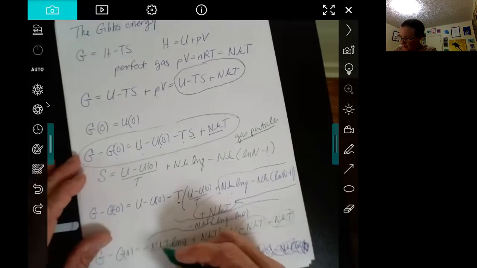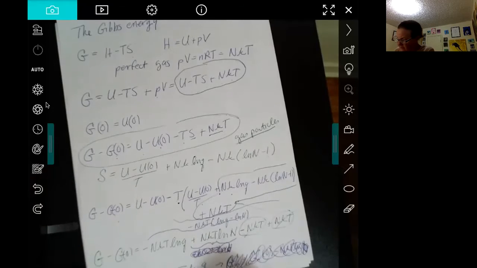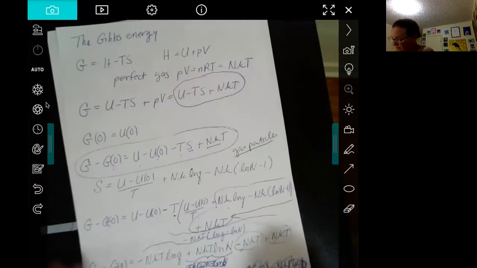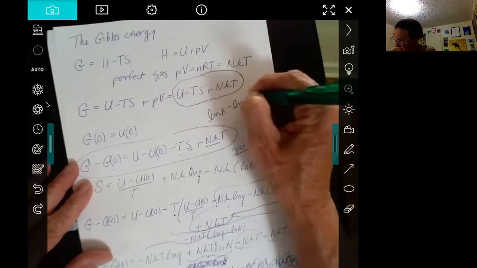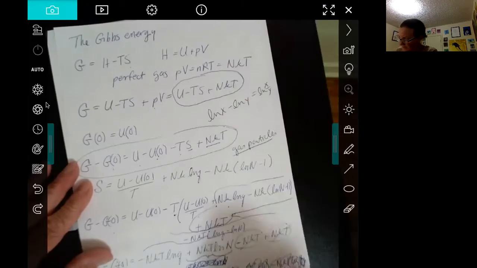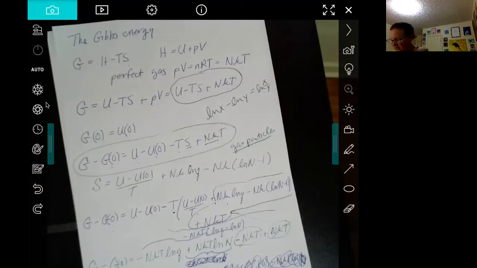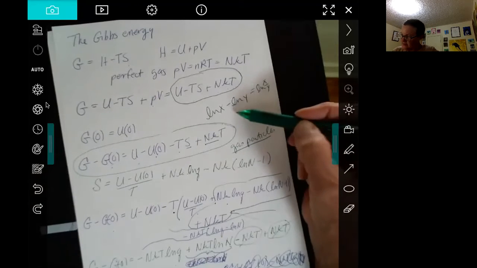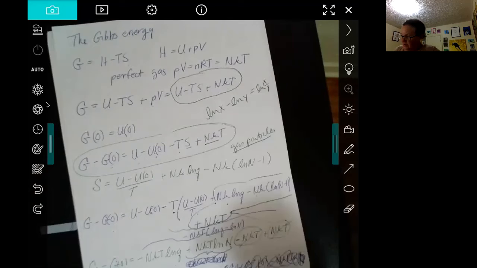If you pull negative KT out front, then negative NKT would be negative ln of N. I didn't write that here, but you should remember that ln of X minus ln of Y equals ln of X over Y. So if we have negative NKT ln of Q, and we're subtracting NKT ln of N, because this is negative, the N's going to go on the bottom.